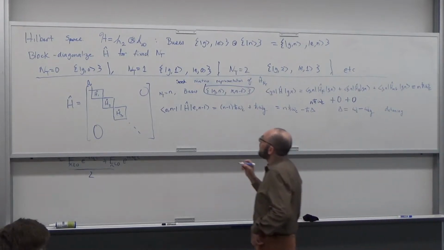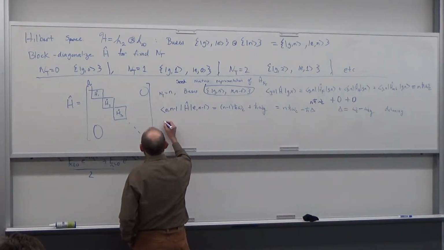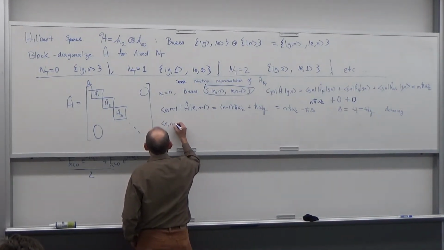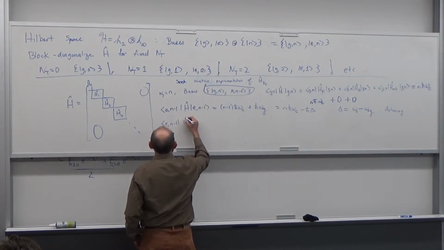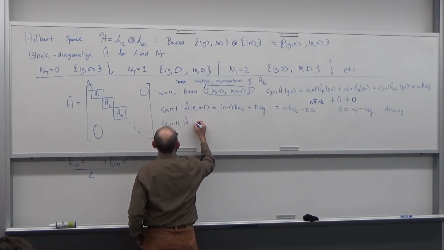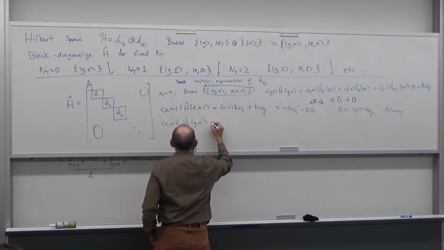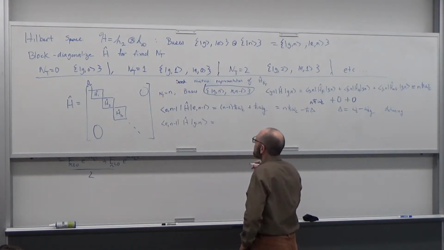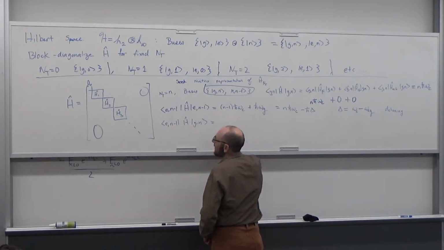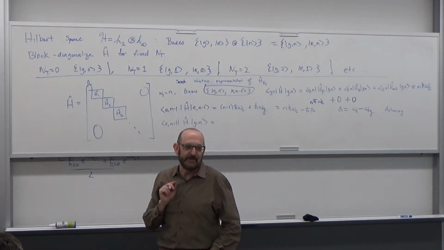Very good. What about an off-diagonal element? We don't have to calculate one of them because the other is just the complex conjugate. So we'll just write it out in this case. Now, wait a minute.